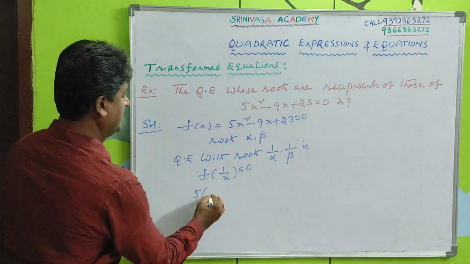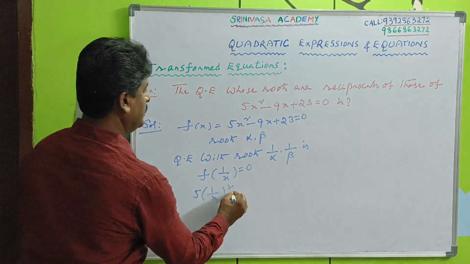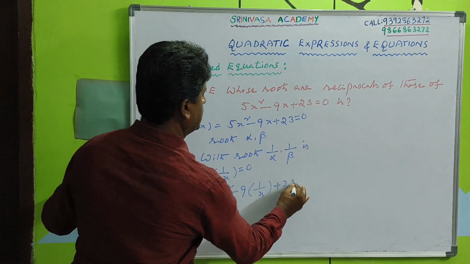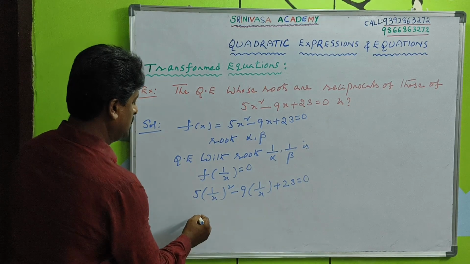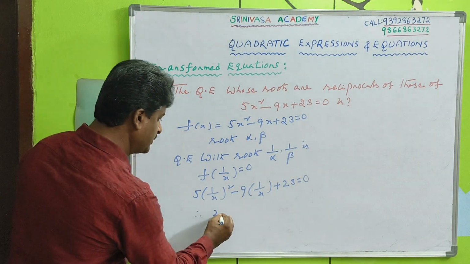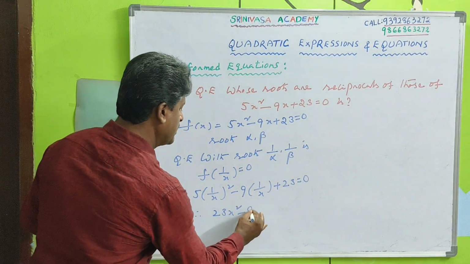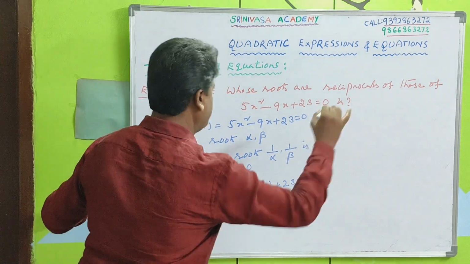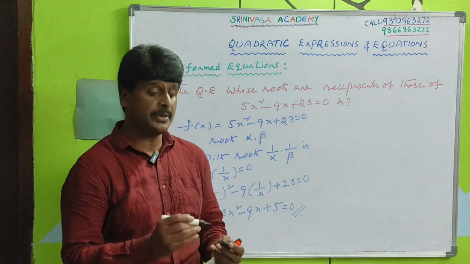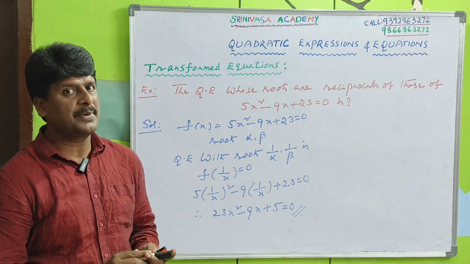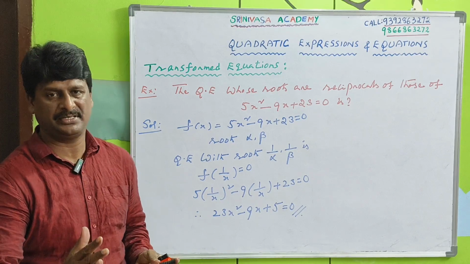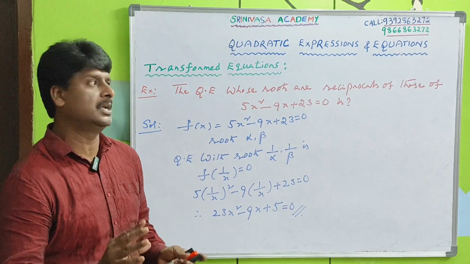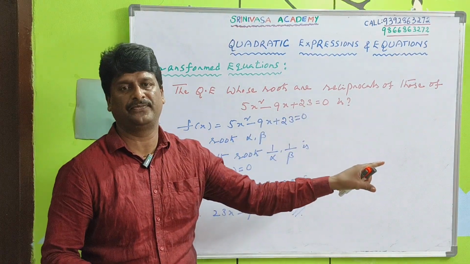That is 5 times 1 by x whole square minus 9 times 1 by x plus 23 is equals to 0. After the simplification we get 23x square minus 9x plus 5 is equals to 0. Simple. In the question did not mention the roots alpha comma beta, 1 by alpha comma 1 by beta. So that is described through the word reciprocals of those of.